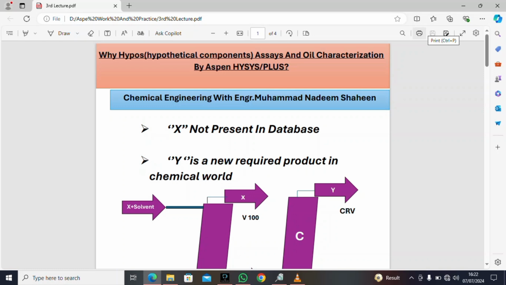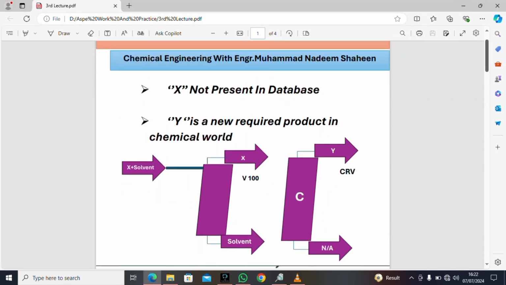I have a little example that happened in real life, working in the pharmaceutical industry. Here we are going to convert x into y, and you are modeling x, which is not present in Aspen Plus.